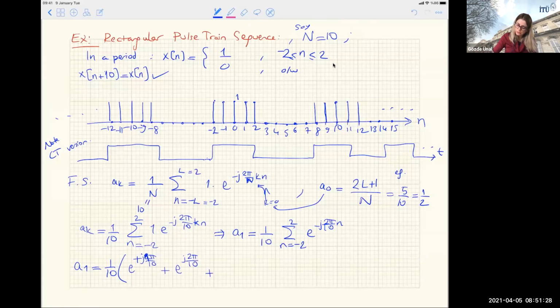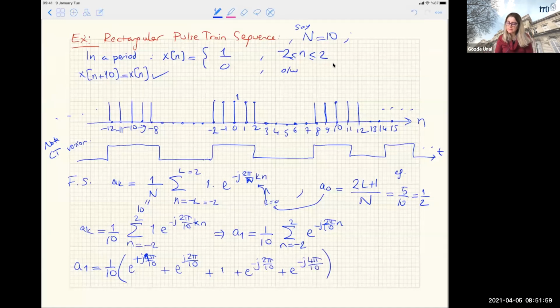And of course, guys, n's are there. I'm summing them up. Then I need an n equals 0, which gives 1. Then plus e to the minus j 2 pi, minus j 4 pi.